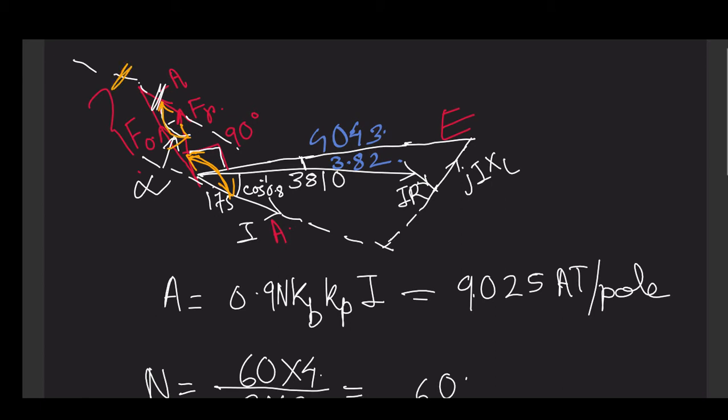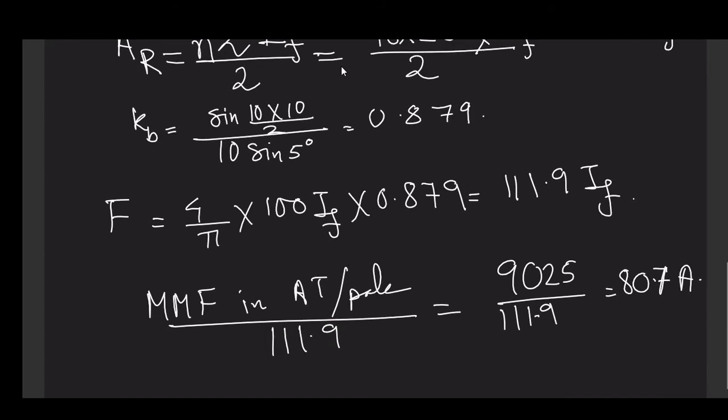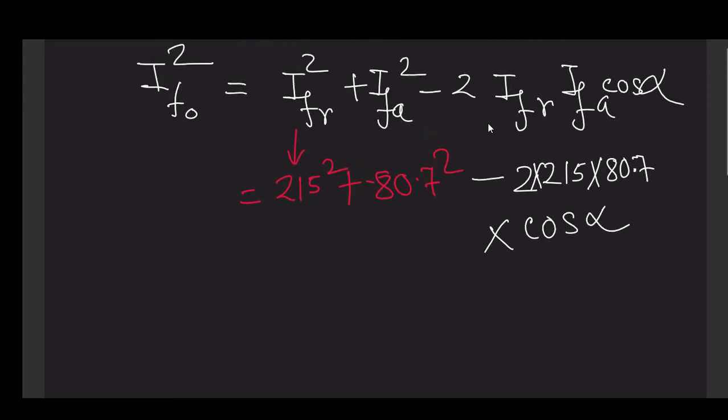Because these two lines are parallel. If these are corresponding angles, then we can figure it out by measuring this angle. We can figure out the angle between A and FR. So what is that?